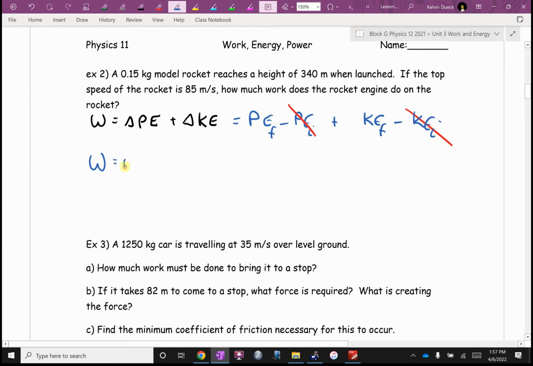I guess it's going to be mgh final minus a half mv final. Don't forget the squared. No, plus, Mr. Dewick, plus. Read your signs carefully. This time it's a plus.